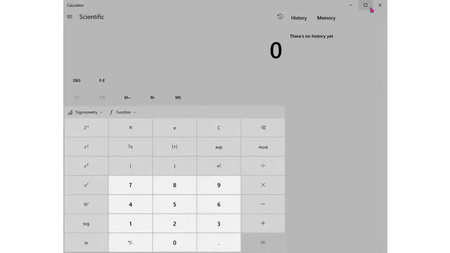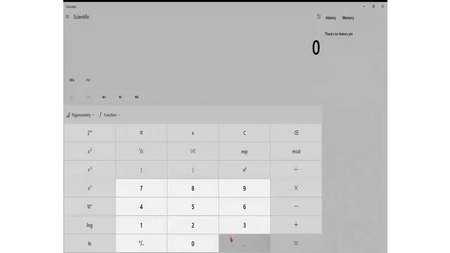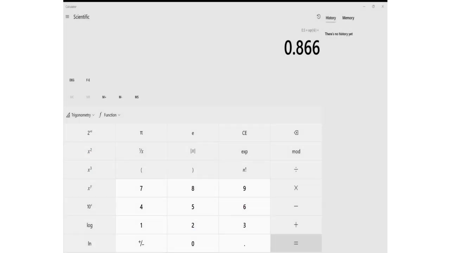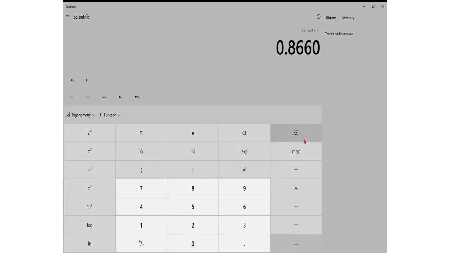Okay, 0.5 multiplied by 6 squared multiplied by the sine of 60 degrees. The sine of 60 degrees is usually 0.8660. That is usually the sine of 60 degrees. So you get your answer as this: 15.59 in 4 significant figures.